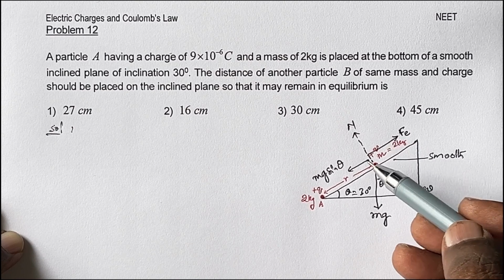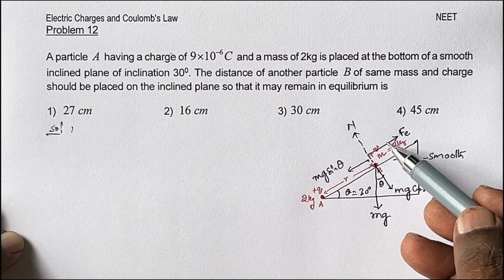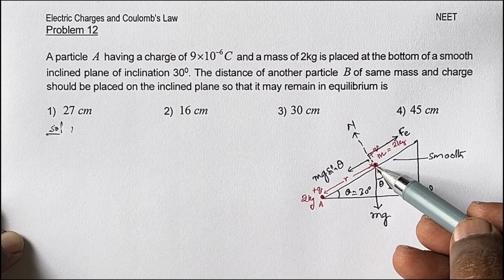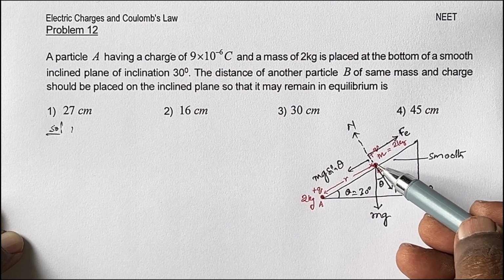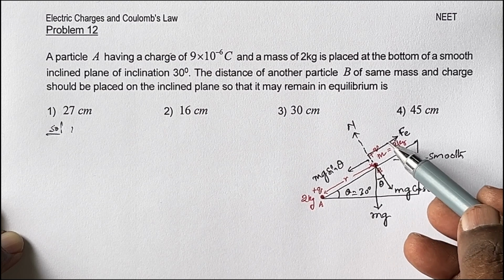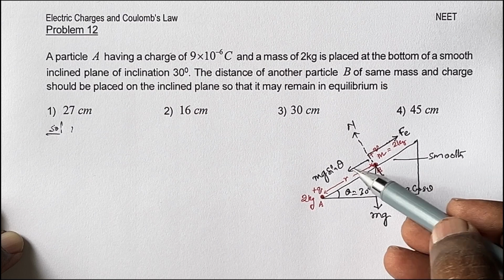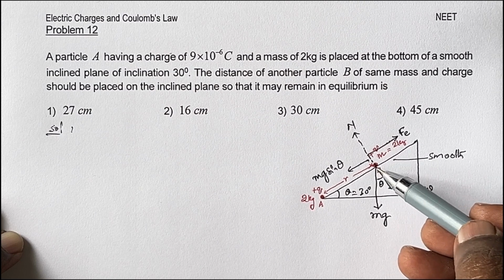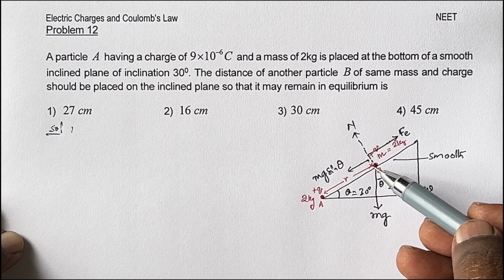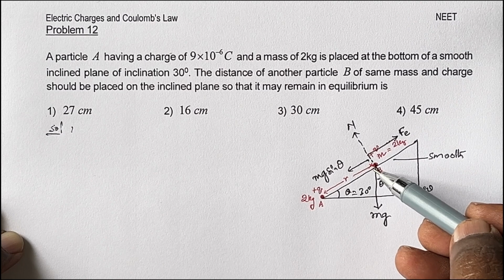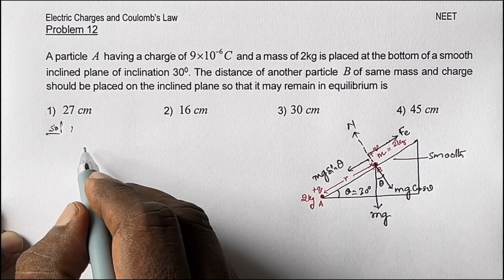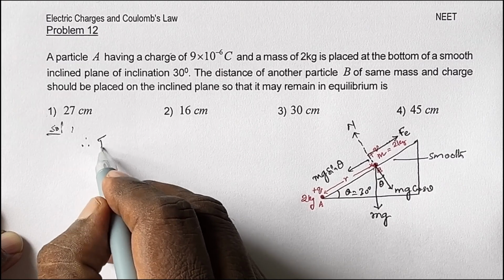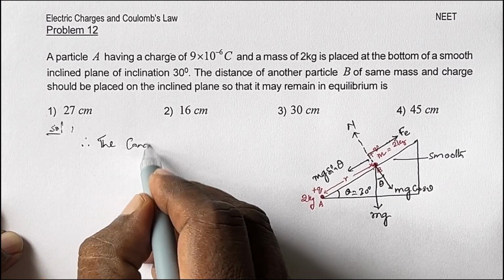If these two forces are equal and opposite, then the body will be in equilibrium. It cannot slide down, right? And it is also not able to go up because of this repulsive force, because these two forces are putting this body in equilibrium.